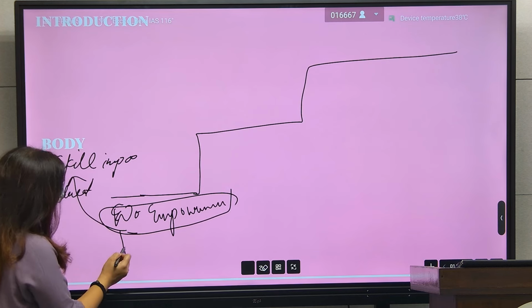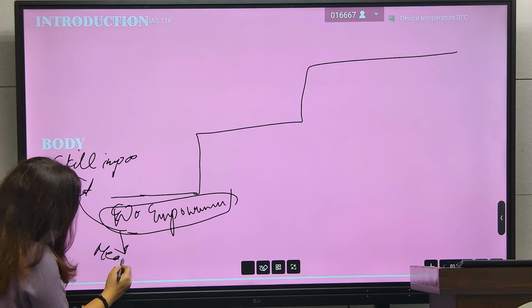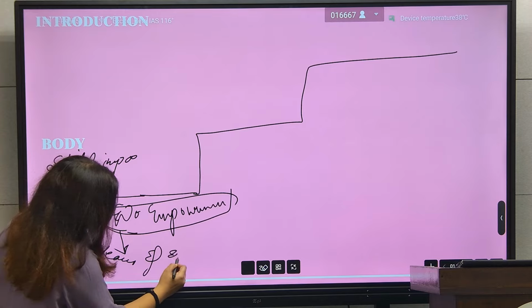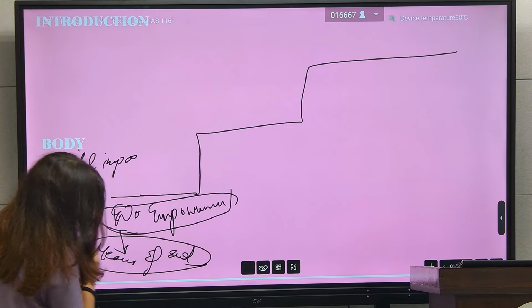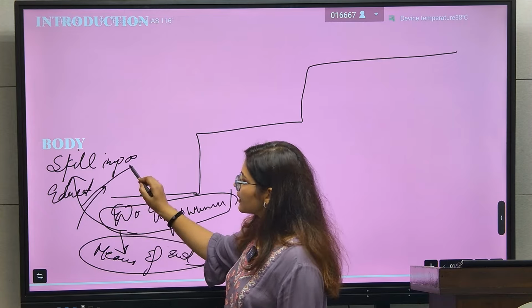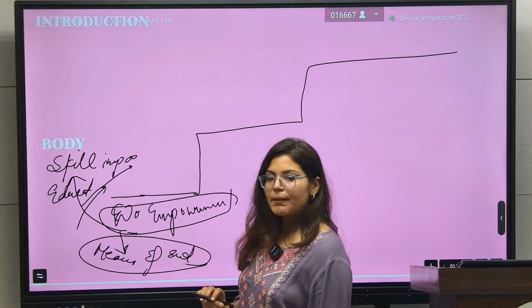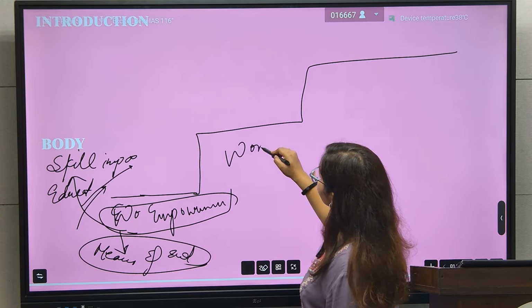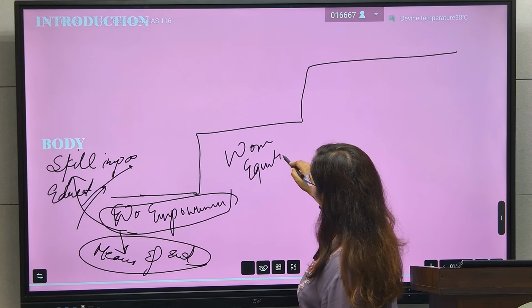So women empowerment itself is a means and an end. We have to empower women, educate them, improve their skills, all this is women empowerment. Then comes gender equity. So this is the process.